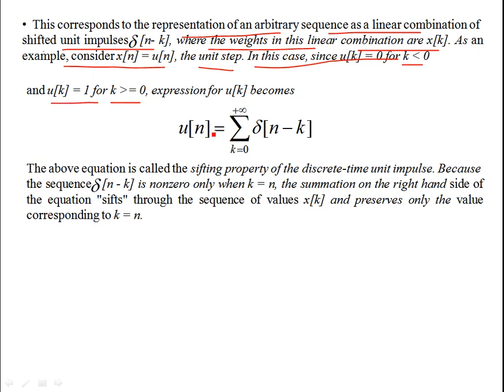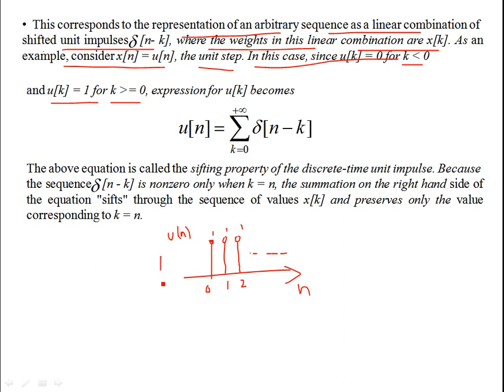Graphically it starts with 0, then all the weights are identically equal to unity: 1, 1, 1, and this thing continues, with the discrete time index called n. This is your sequence u of n.